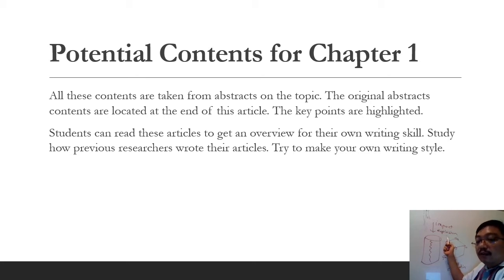Not many people have studied it because doing the experiment is difficult. However, for those research institutions that have the facility to do this experiment, it is a potential for you to do this kind of research.